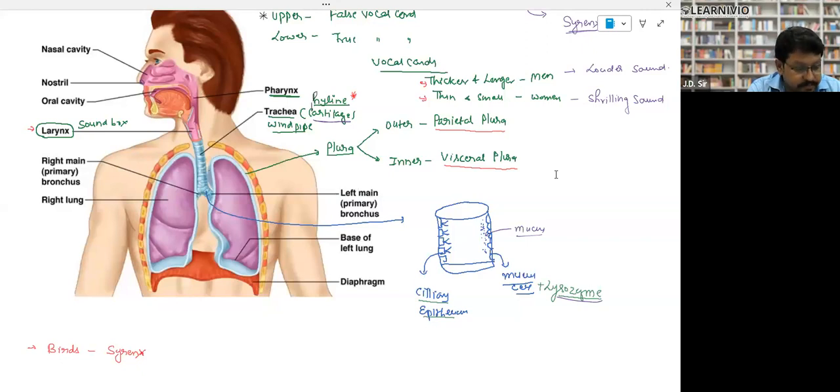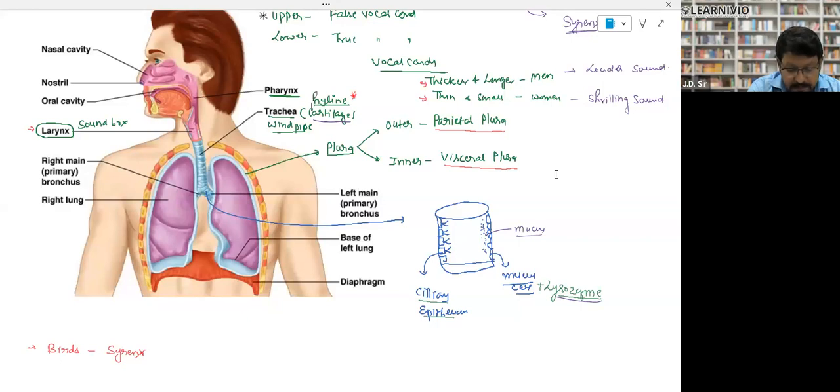Next, there are a pair of lungs in thoracic cavity. Full stop.